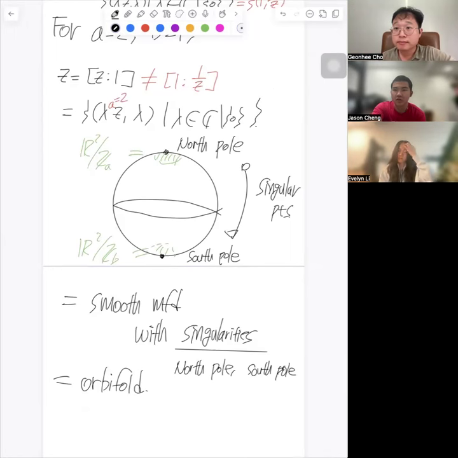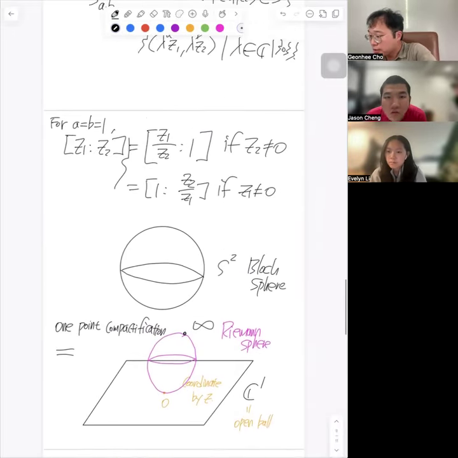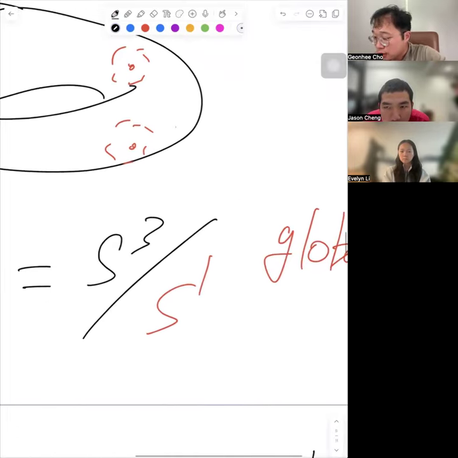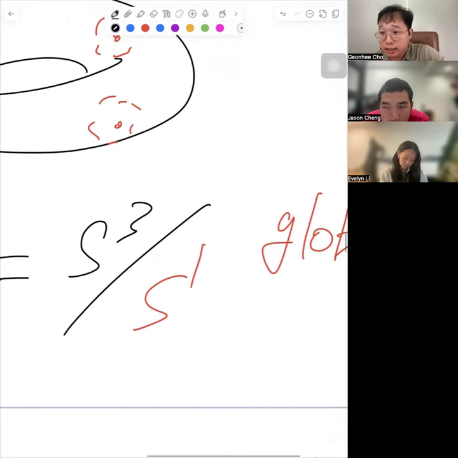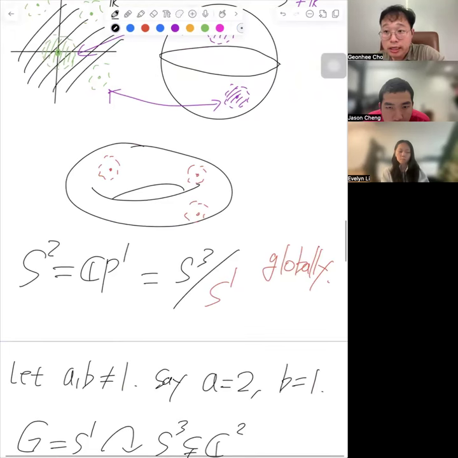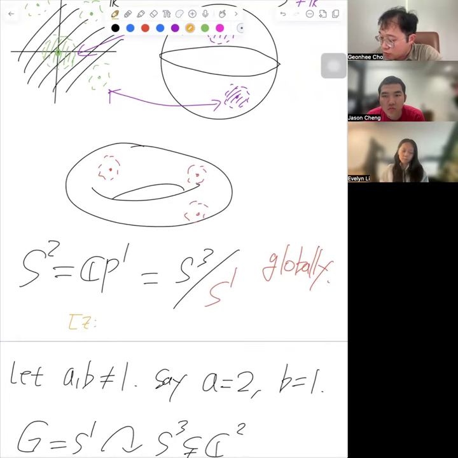Wait, could you repeat the definition you said for global quotient one last time? Sorry. So the global quotient here means, this is the notation of the quotient. In the usual case, where exponents a and b are one, you can always change z versus one as one versus one over z, for a and b equal to one.